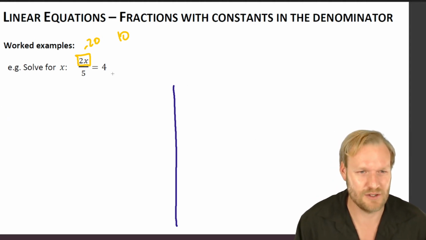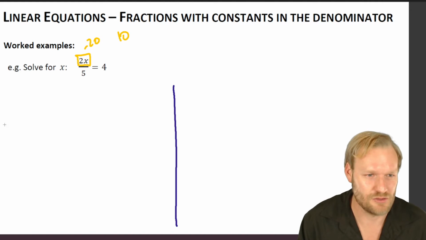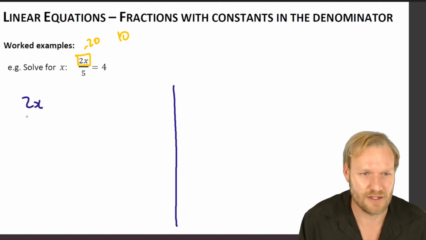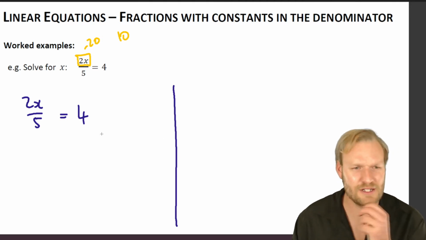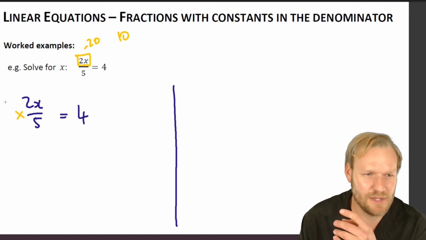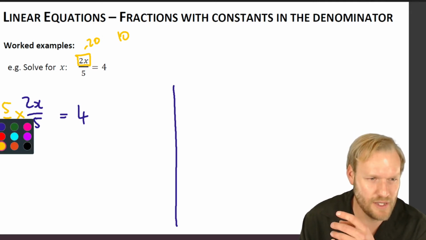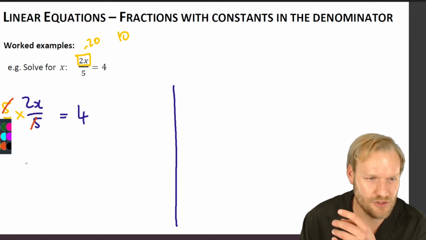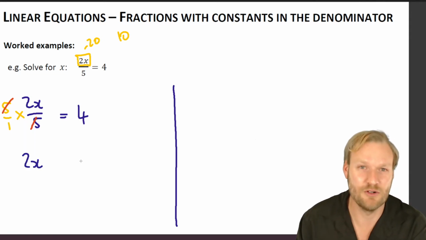So the one way I'm going to think about is, let me just rewrite this. 2x over 5 equals 4. And the one way I like to think about this is to go, well, I don't want that 5 there. So if we multiply this side by 5, that's like going 5 over 1, and those are going to cancel, and you'll just be left with 2x, no more fraction.